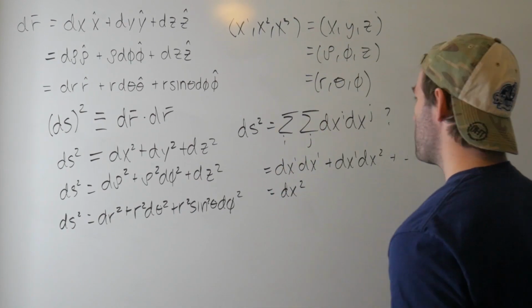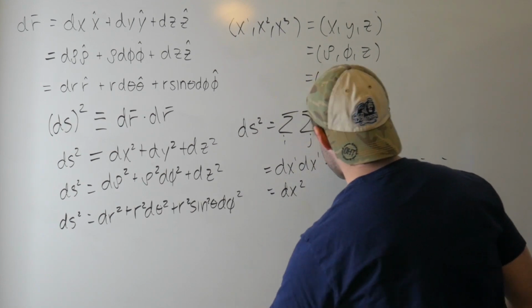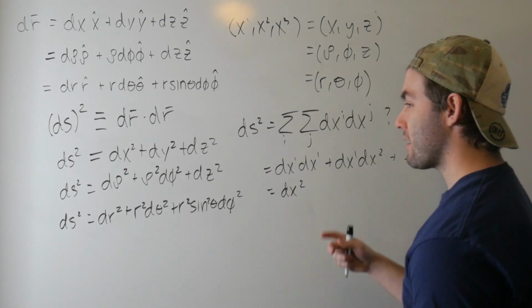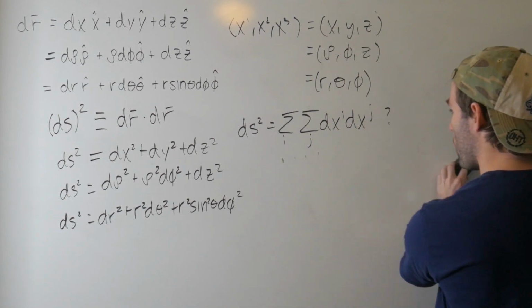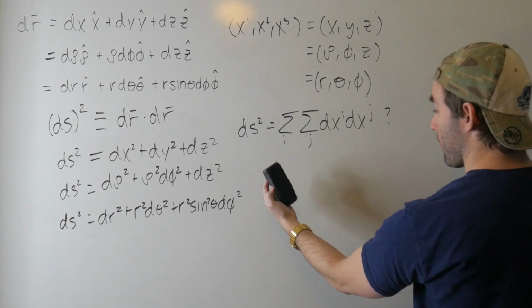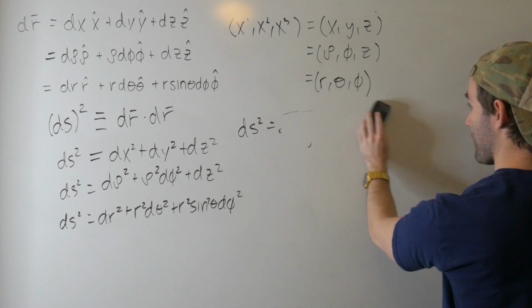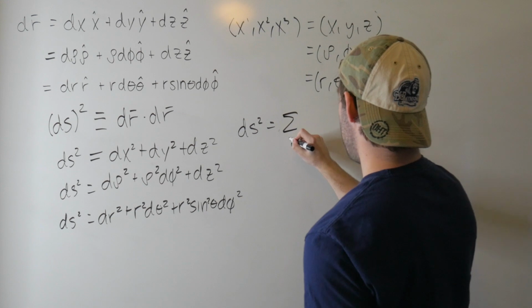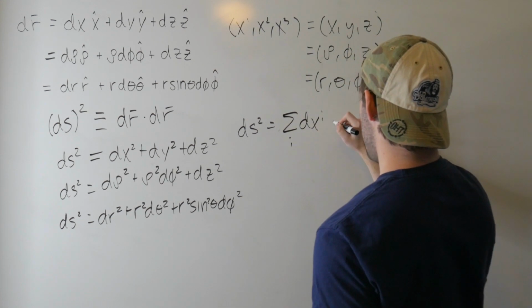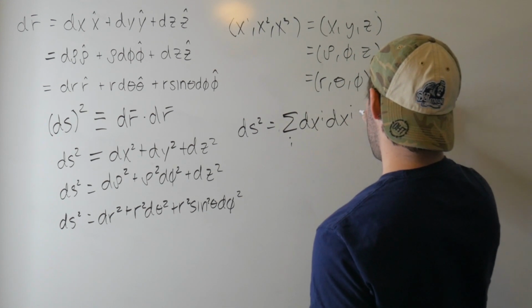So this didn't work. Let's drop one of the indices and just say that we're summing over the diagonals then, and see if maybe that'll work. So I'm going to erase this because it didn't work. Can I say that this is equal to a sum over just i of these diagonals, dxi dxi?